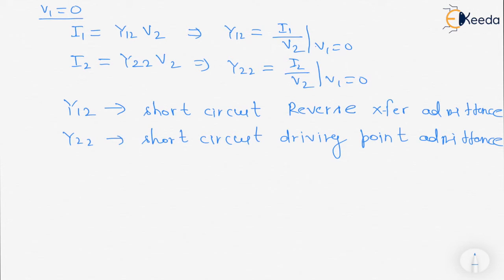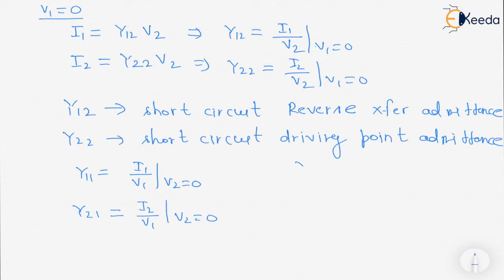So now in general, how can we calculate? y11 is equal to I1 upon V1 when V2 is equal to 0. y21 is equal to I2 upon V1 when V2 is equal to 0.